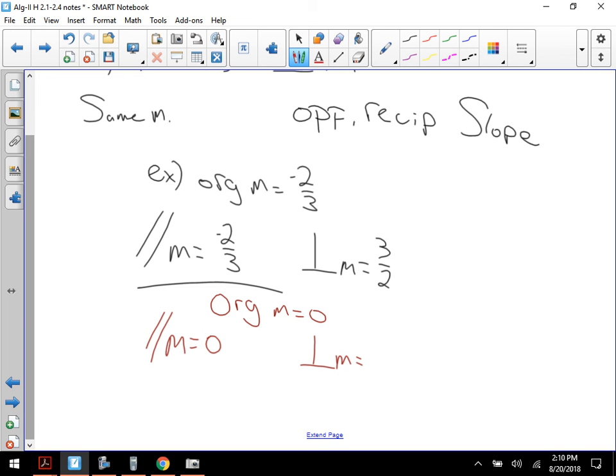Remember what slope of 0 means. Doesn't matter where the lines are located, doesn't matter the equation whatsoever. If you know that the slope is 0, what's perpendicular to it has to have a slope that's undefined. Y equals a number is always horizontal. X equals a number is always vertical. And there will be shortcuts as we get into writing equations, which we won't have time to do today.